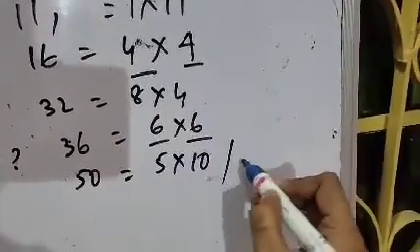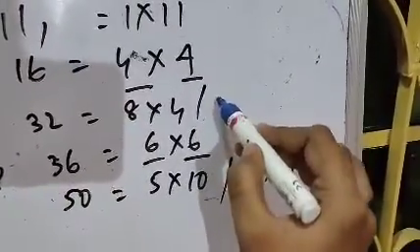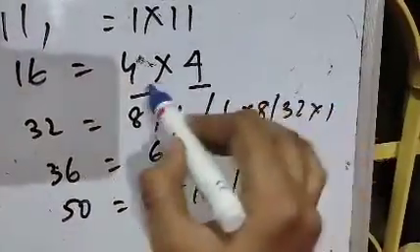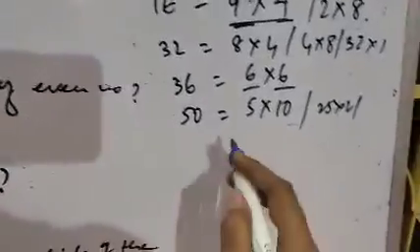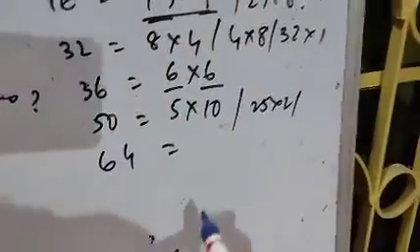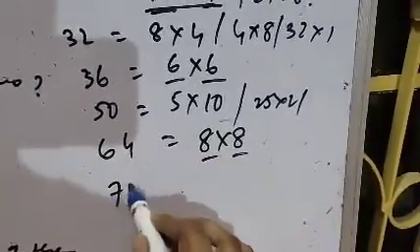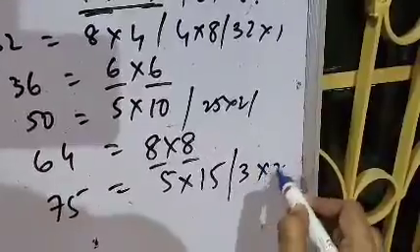Next 64. This number can be expressed as 8 into 8, that is two equal integers. 75, you can express this as 5 into 15 or 3 into 25.